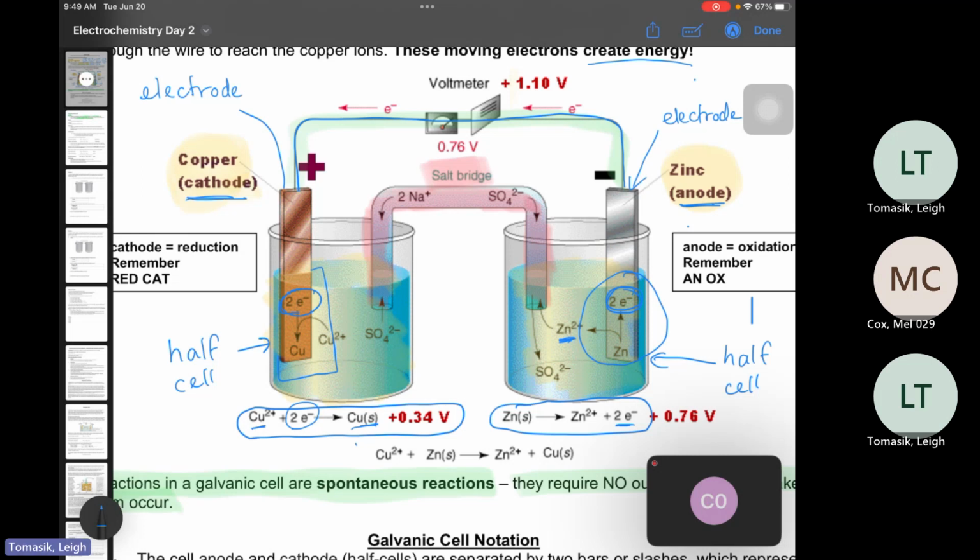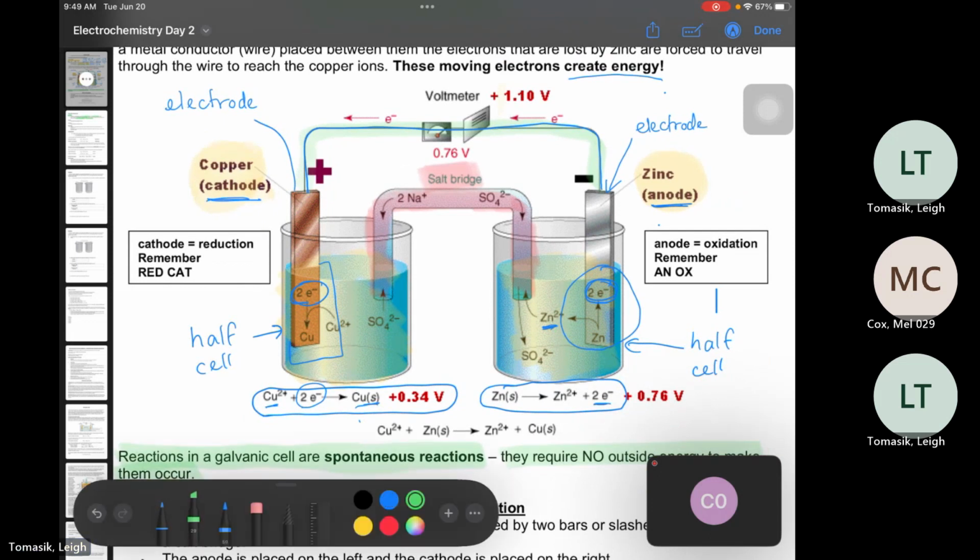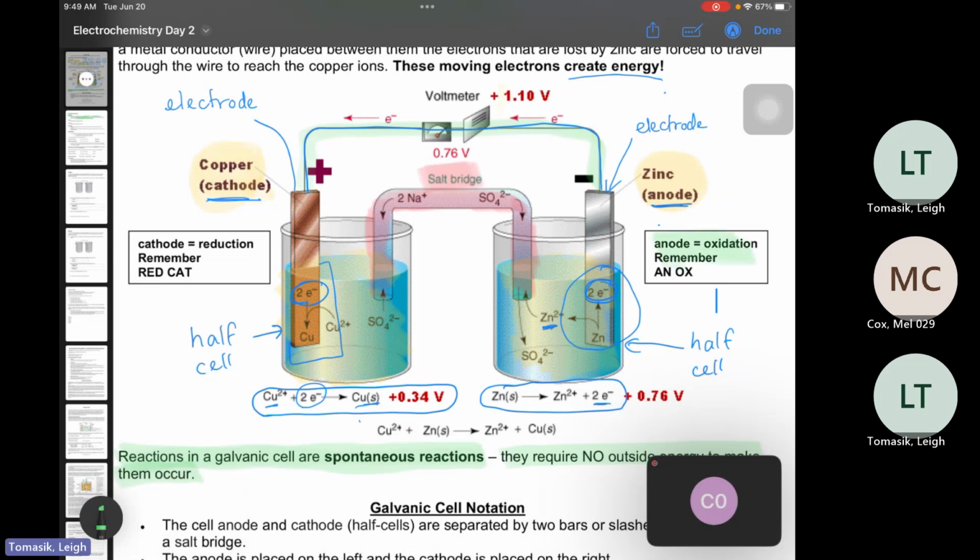Okay, the way that you can tell the anode from the cathode is by what type of redox reaction is going on in its half cell. So at the anode is where the oxidation takes place. And at the cathode, that's the place where the reduction takes place.